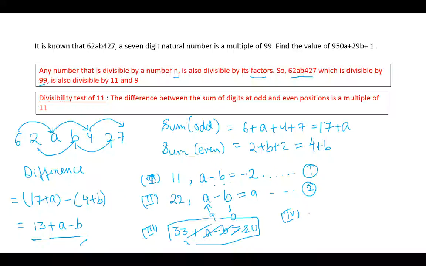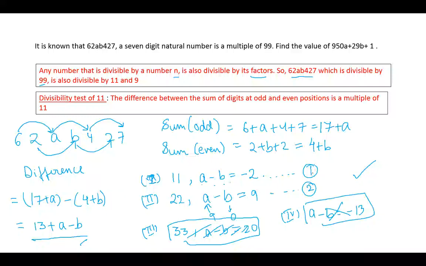That will only happen when A minus B is minus 13 minus... minus 13, which is again not possible, because for that to happen I would have to have a B which is greater than or equal to 13, which is not acceptable. So we have finally received two equations from the divisibility test of 11.